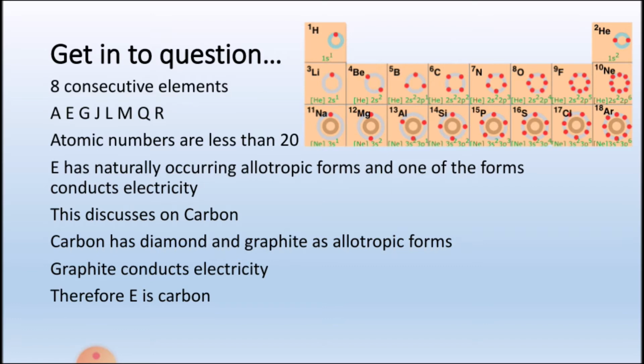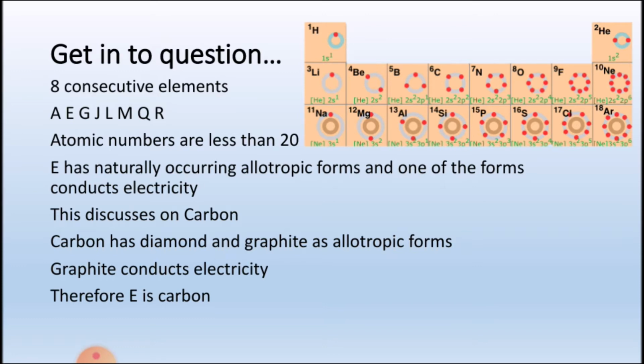So it is obvious that it discusses the first 20 elements in the periodic table. The most important point in this explanation is about E. It says that E has naturally occurring allotropic forms, and one of the forms conducts electricity. This directly explains carbon.